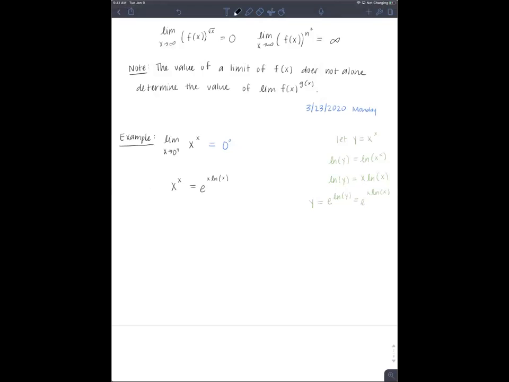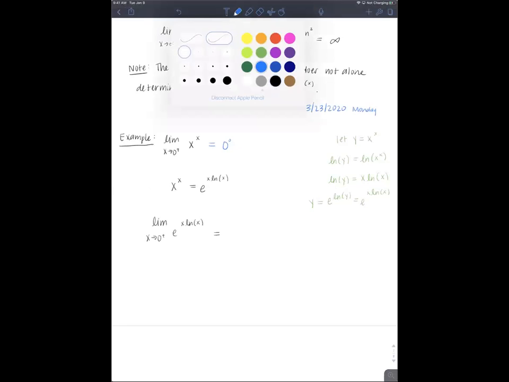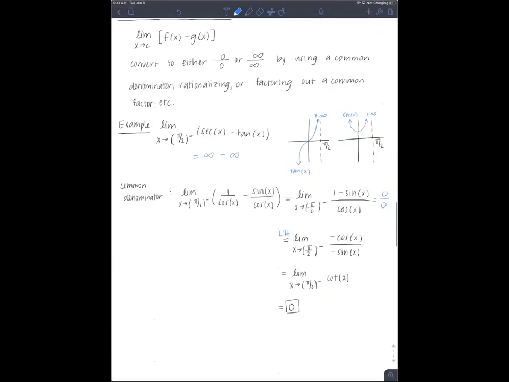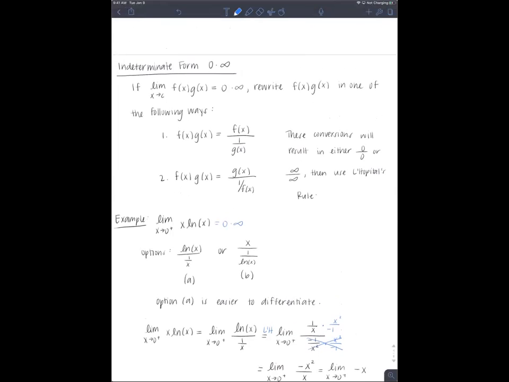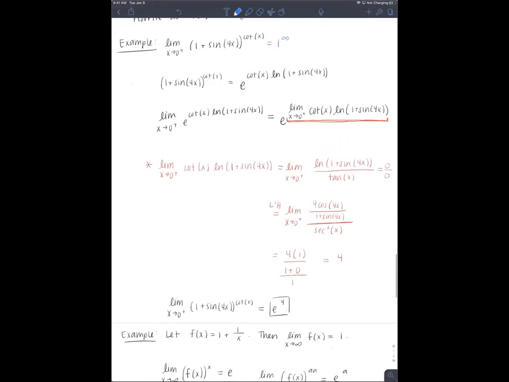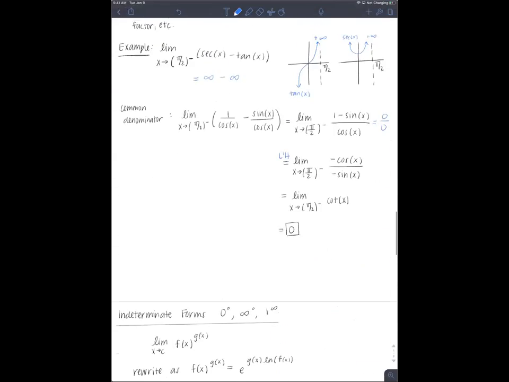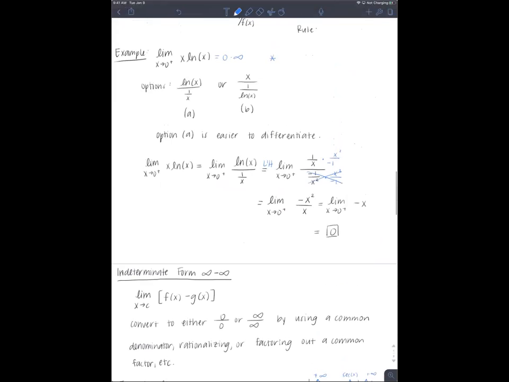Here I want to find the limit as x approaches 0 from the positive side. This is why we needed the positive side, because I have ln of x. Oh, not x anymore: e to the x ln of x. If you go back up, this is one we did earlier, so I'll star this. We found that the answer was 0.